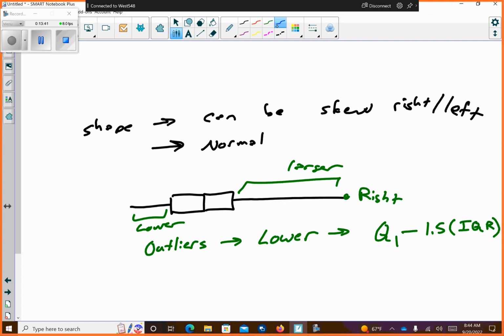And if I wanted to find the upper, it's going to be Q3 plus 1.5 times the IQR. Okay, now the big difference between... I'll give you a sec to let you write that down.